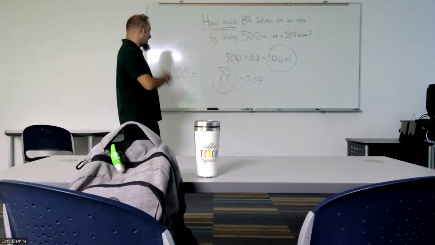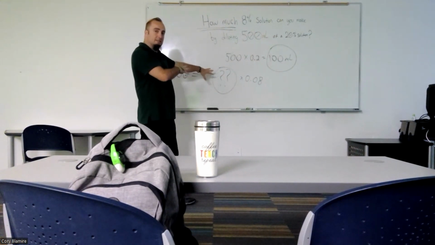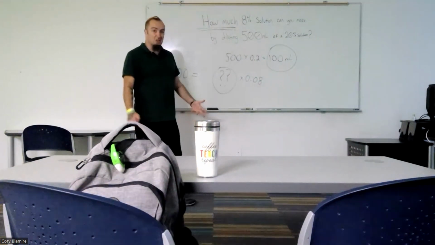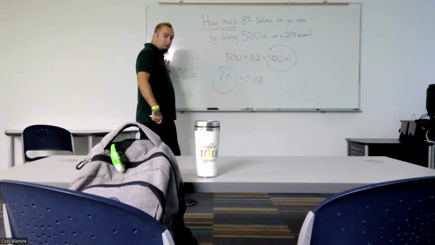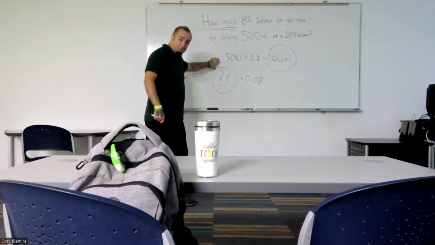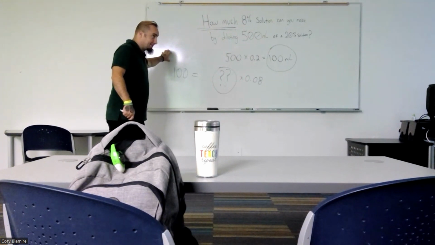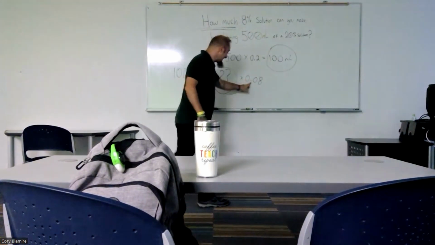So we have 100 over here, and whatever that is, times 0.08. Ultimately, we want to get this by itself, right? Because we want to have a number over here that is equal to itself. And if we know what the number is on this side, then we've solved it, because it's the same on both sides. Right? So we need to get this over here.